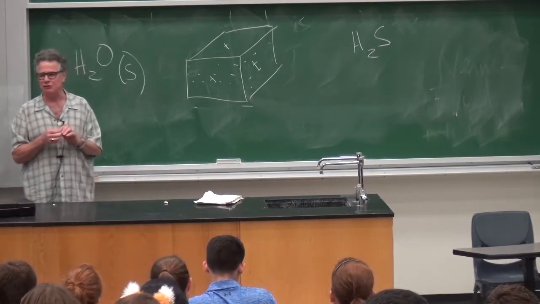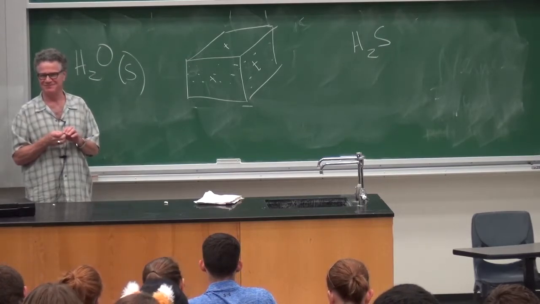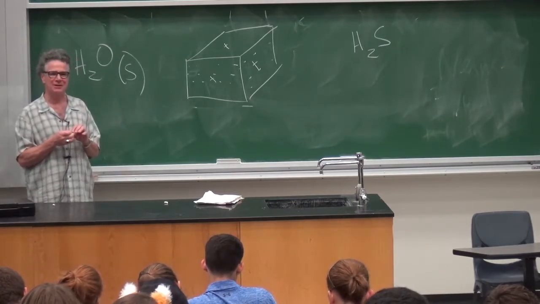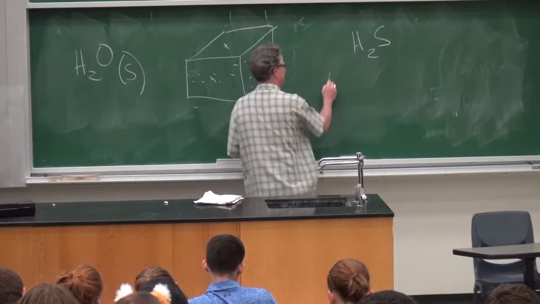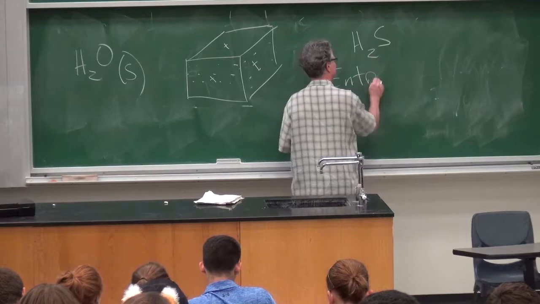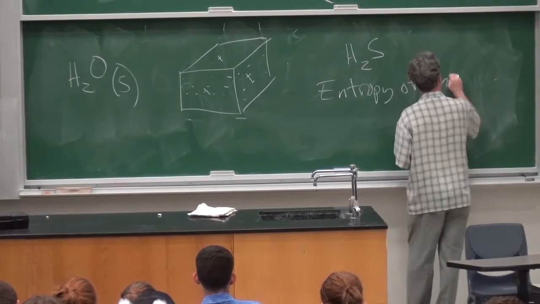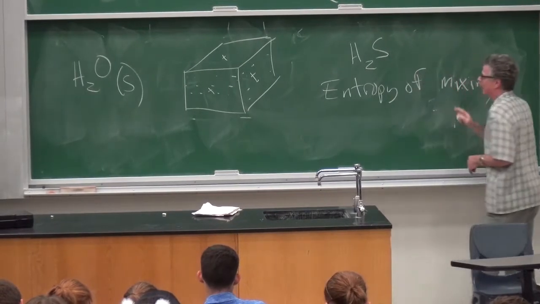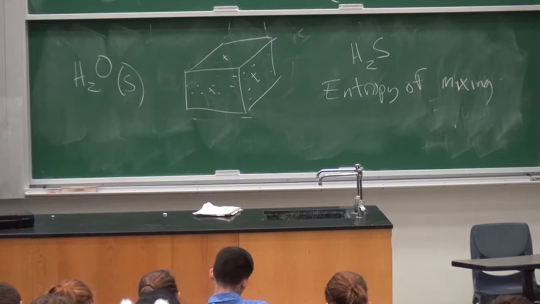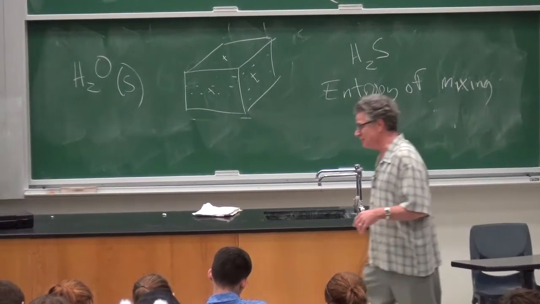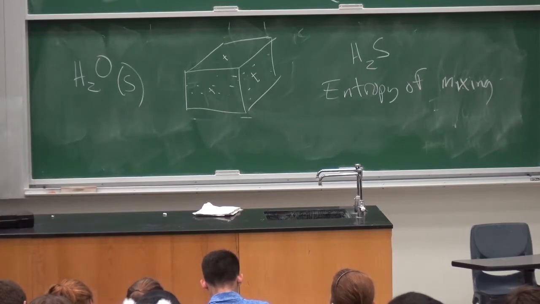Even at absolute zero, the entropy of that substance is not zero, because there's an entropy of mixing. I took the water molecules and mixed them with the H2S molecules. So even at absolute zero, that crystalline solid does not have zero entropy because there's an entropy of mixing.